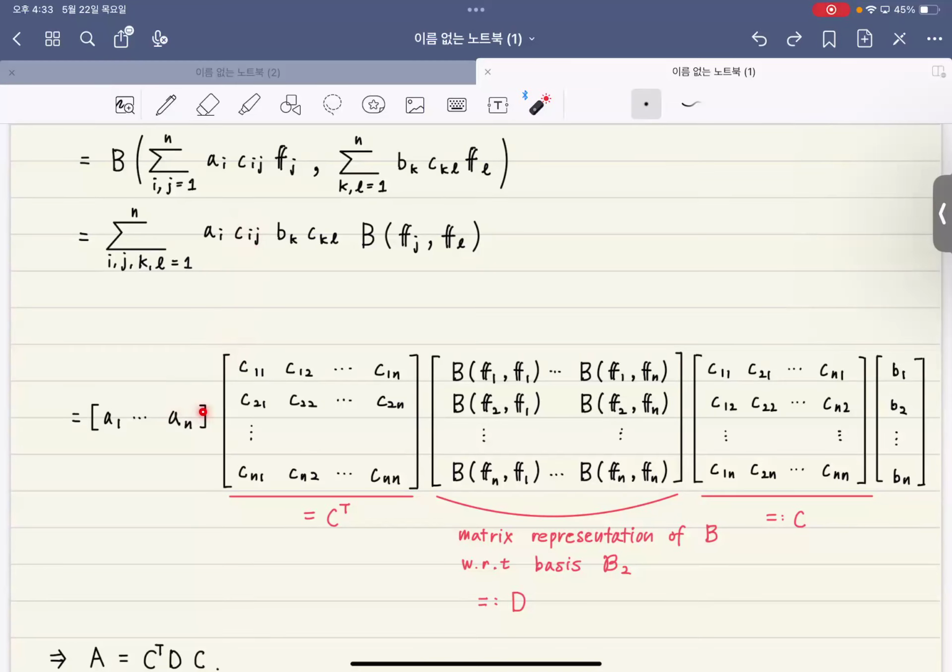Okay, so this index is this one. Good. But now we want to consider this guy to be a column vector. So this number and that number must agree. Okay, so this is the right expression. Okay, right.